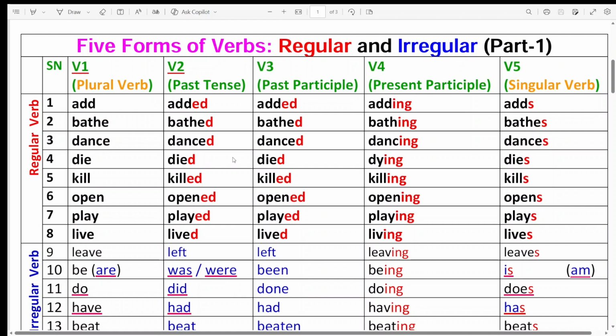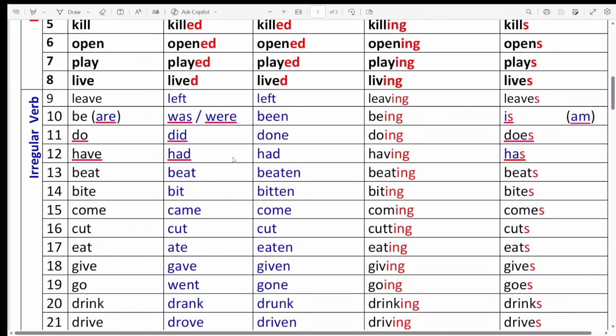What about irregular then? Once again, let's talk about a regular verb here: live, lived. Where do you live? You can say, I live in Nepal. I live in India.